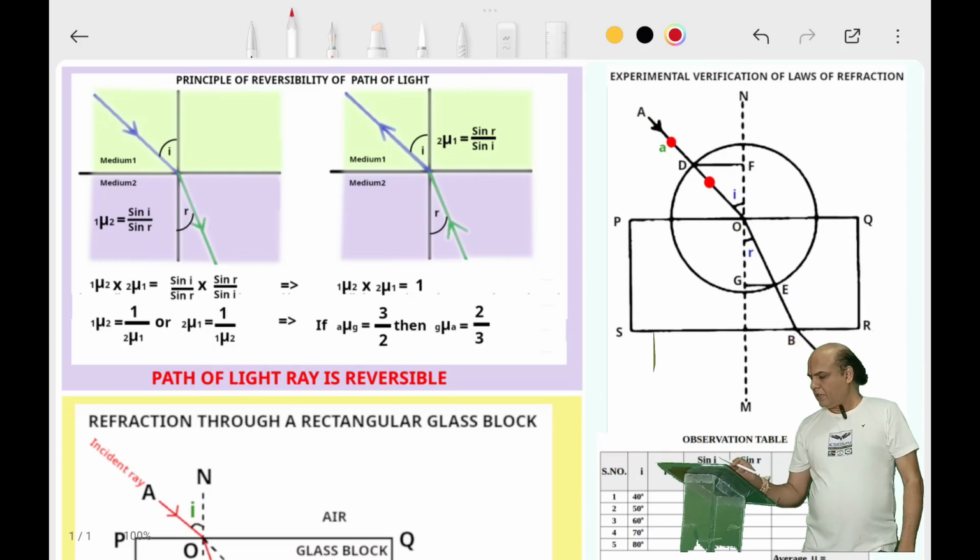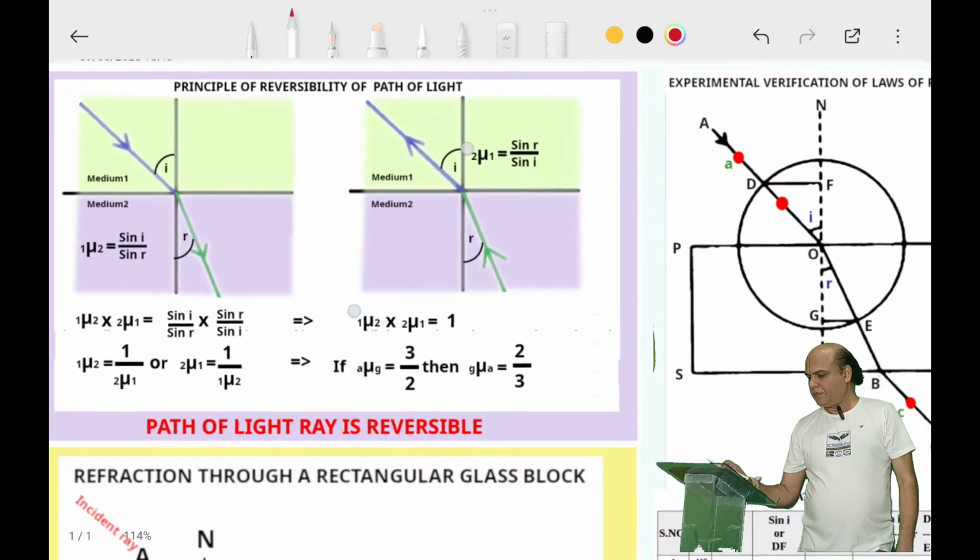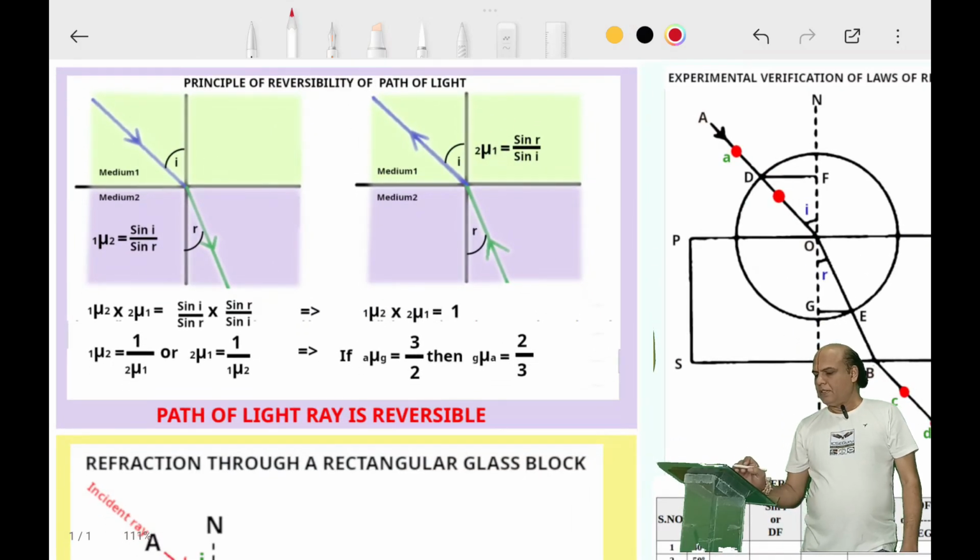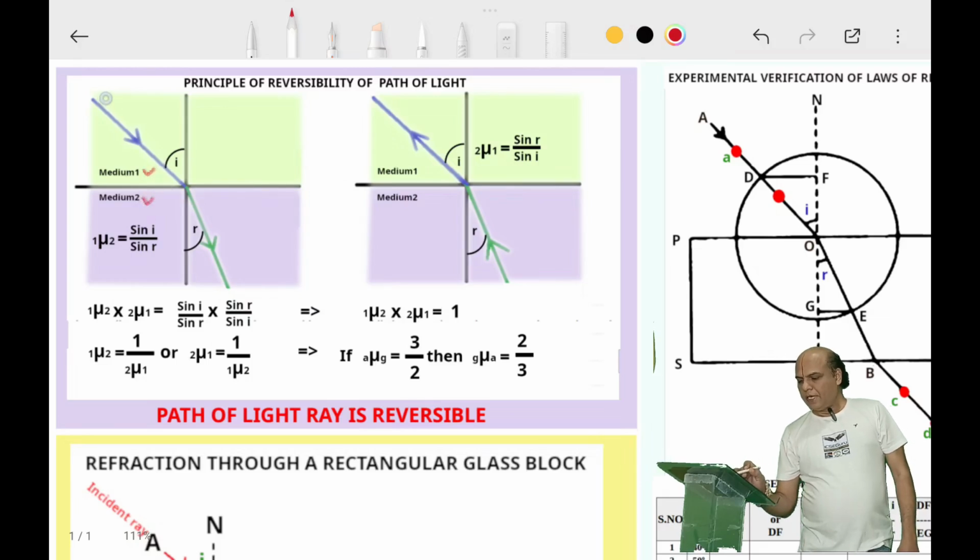Now, see the screen here. There are two mediums, medium 1 and medium 2, and the light ray is incident in medium 1.